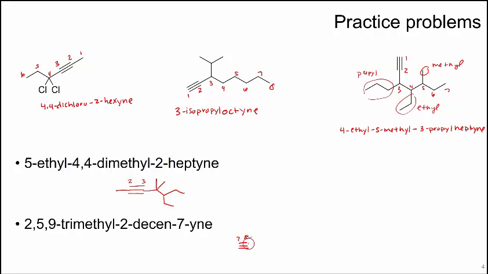That starts there, 8. So this is 9, 10, 5, 4, 3, 2, 1. 2-methyl, 5-methyl, 9-methyl. If there's an ene here, this is decene, so I also have a double bond at the second carbon. So that would be 2,5,9-trimethyl-2-decen-7-yne.